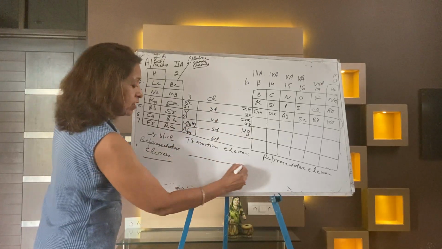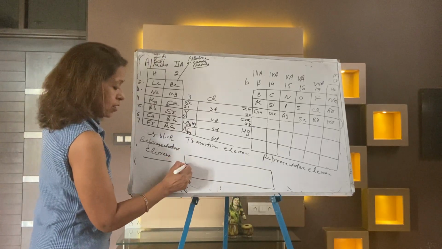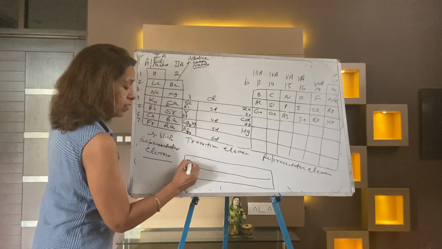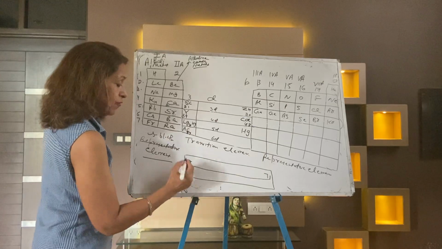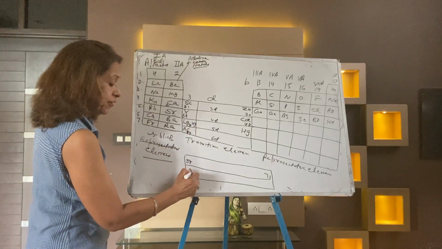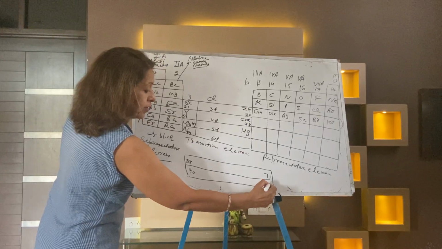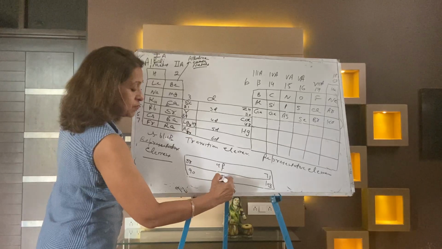From 57, there is no entry in the D block, 58 will come here, and 14 elements will come here, up to 71. And after that again 89, 90 will come here, plus 14 elements, up to 103, and then 104. This is the 4F series, and this is the 5F series.